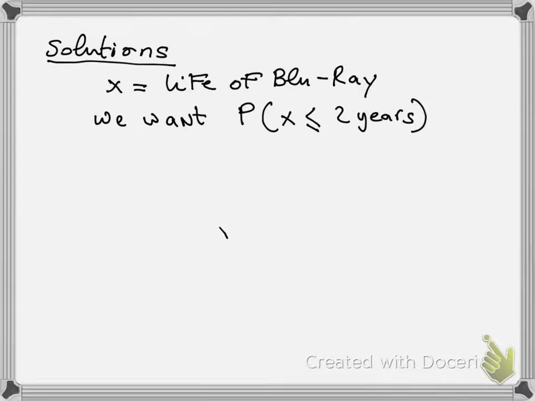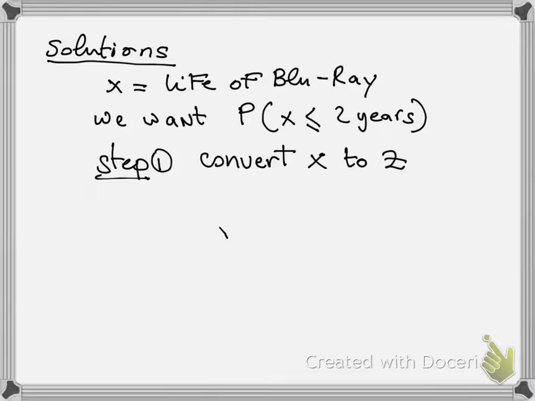So step 1, as I said, we convert x to z. So what will be z in this case? Remember, guys, the formula: z is equal to x minus mu over sigma.